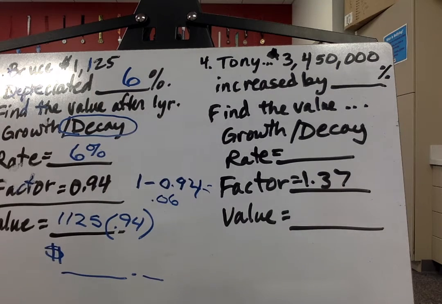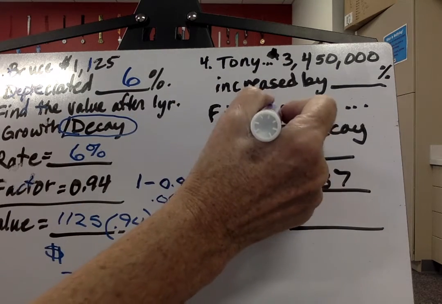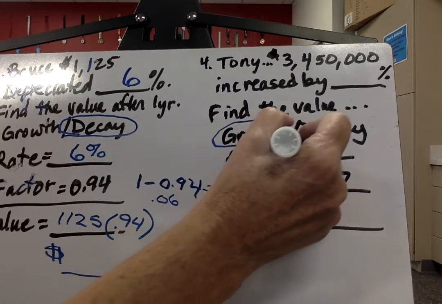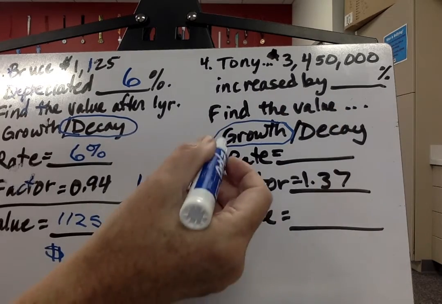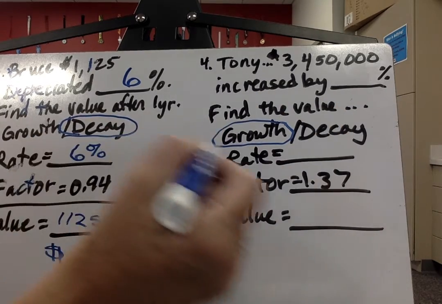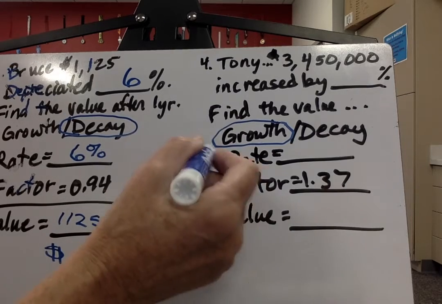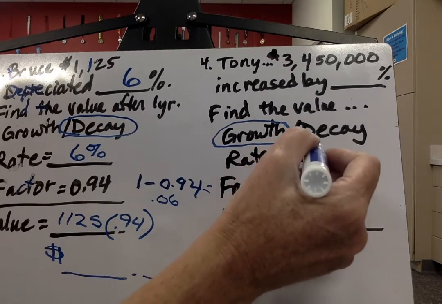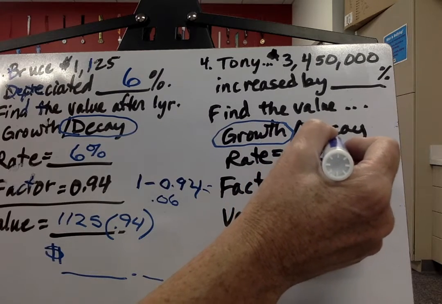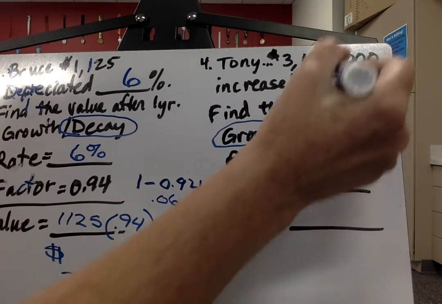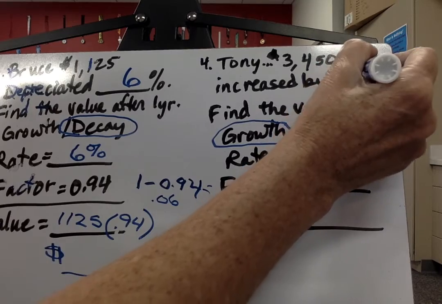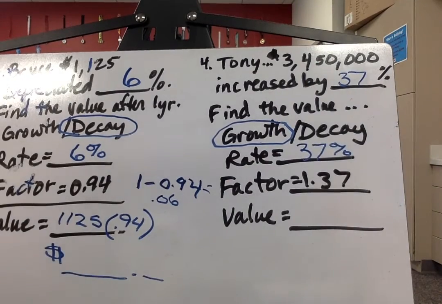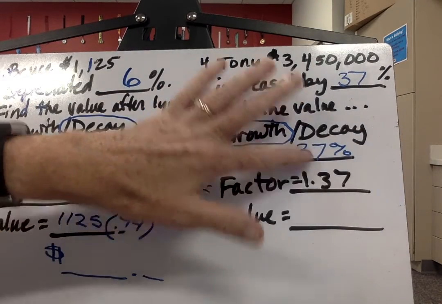So that way we know what it increased by is growth. And our rate, we're not going to subtract. We do subtract if it's decay. But this is growth, so it's 1 plus this. So the rate is 37%, and we could see that this is increased by 37%. We didn't have to subtract or add anything. We can just take the 37 there.